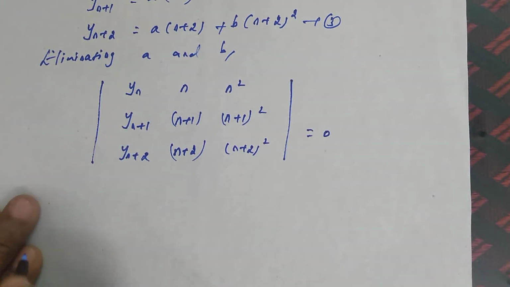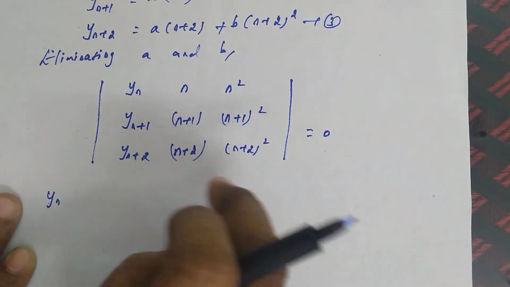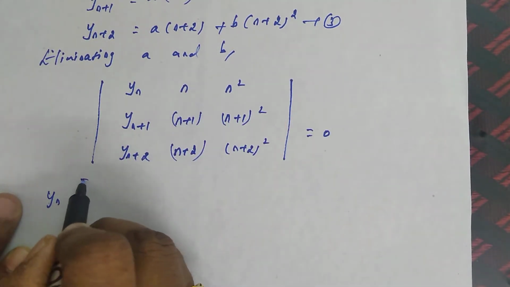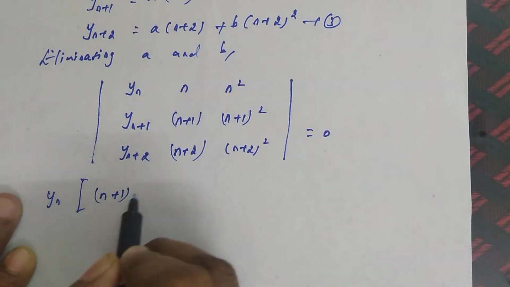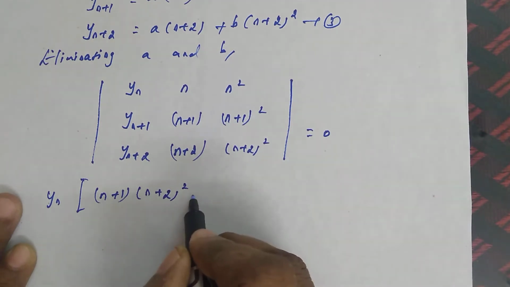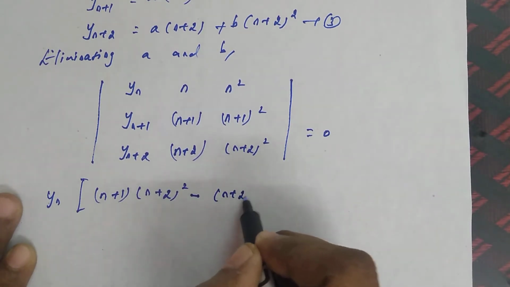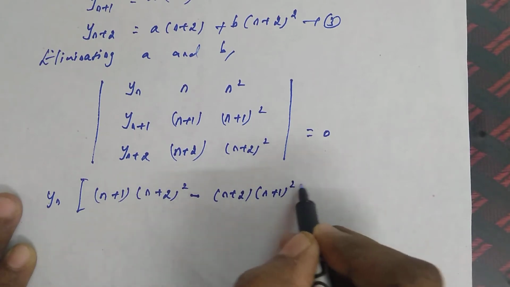First y(n) into the corresponding row and column we have to multiply this. So we get n plus 1 into n plus 2 the whole square. While multiplying in the upward direction, we have to change the sign. Then n plus 2 into n plus 1 the whole square.